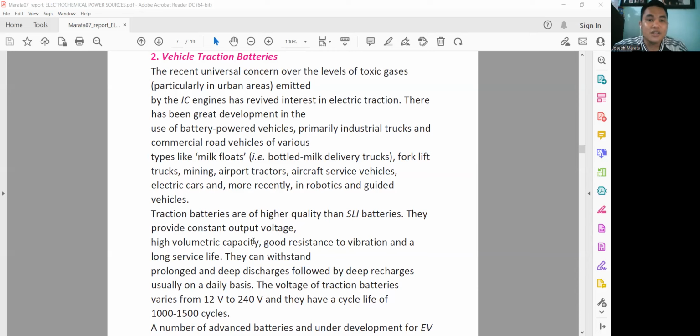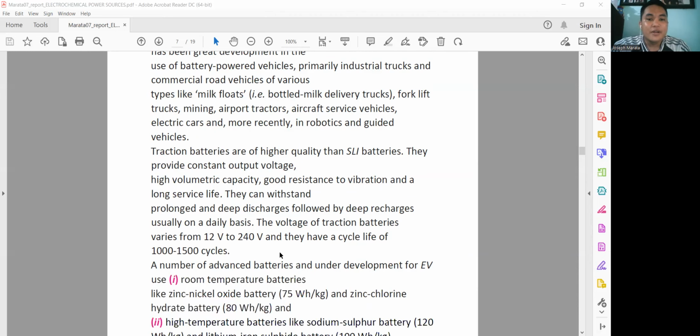They provide constant output voltage, high volumetric capacity, good resistance to vibration, and a long service life. They can withstand prolonged and deep discharges followed by deep recharges, usually on a daily basis. The voltage of traction batteries varies from 12 volts to 240 volts and they have a cycle life of 1,000 to 1,500 cycles.